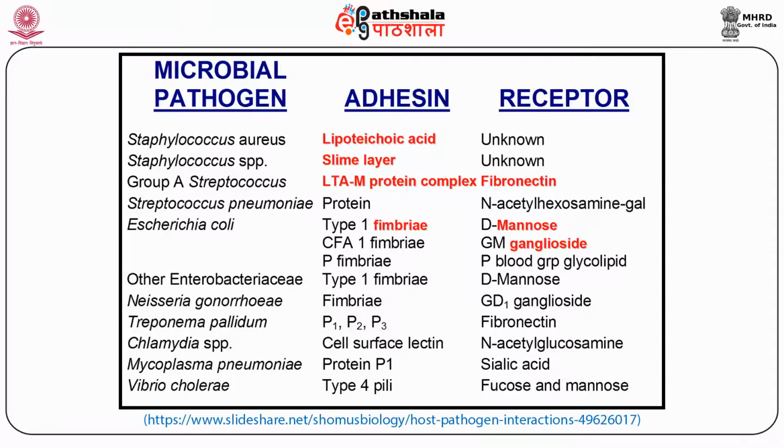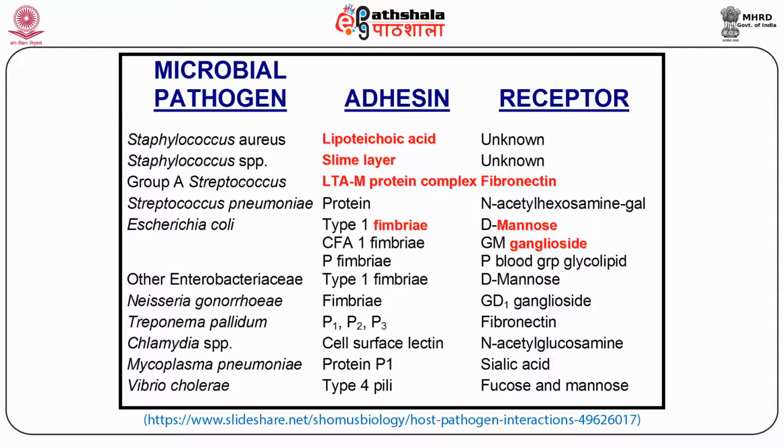For example, for group A Streptococcus, LTA-M protein complex is the adhesin, whereas fibronectin acts as receptor. In case of E. coli, type 1 fimbriae, CFA1 fimbriae and P fimbriae act as adhesin, whereas D-mannose and GM ganglioside act as receptor.